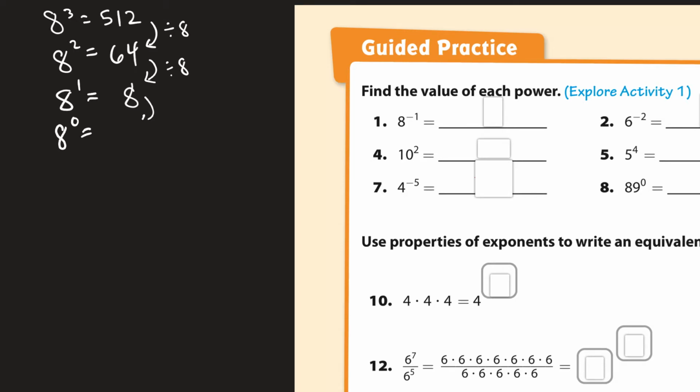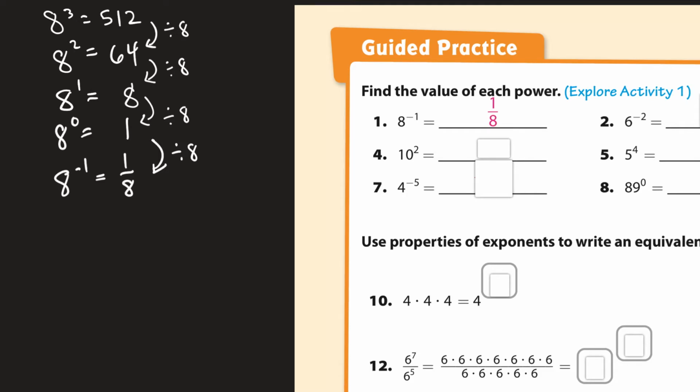So to keep going with this, you would divide by 8 again, and 8 divided by 8 is 1. Any number to the 0 power is 1. But we need to go to 8 to the negative first power. And to do this, we would keep on dividing by 8. If you divide by 8 again, that would be 1 divided by 8, or 1/8. And that's what this is here, 1/8.